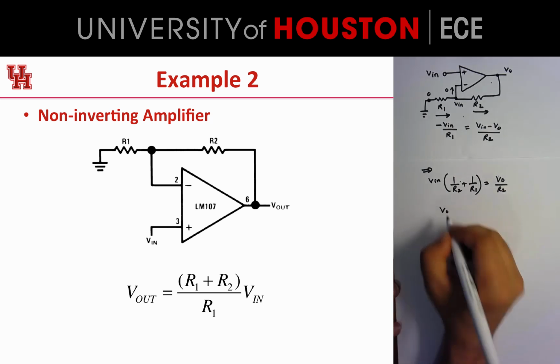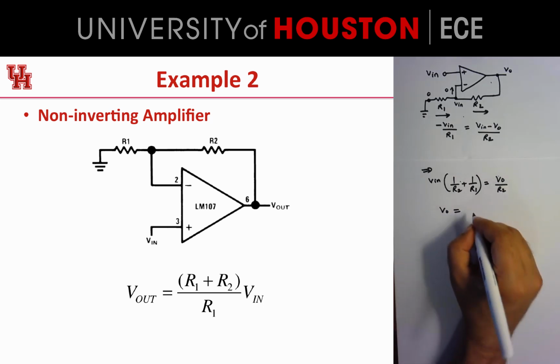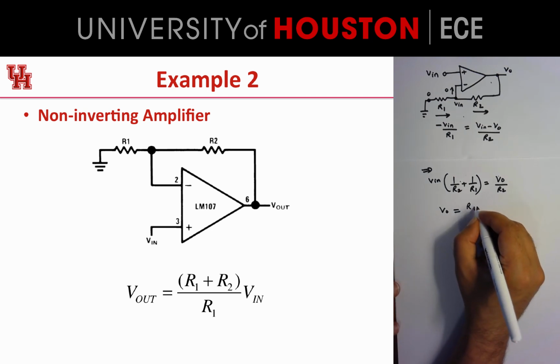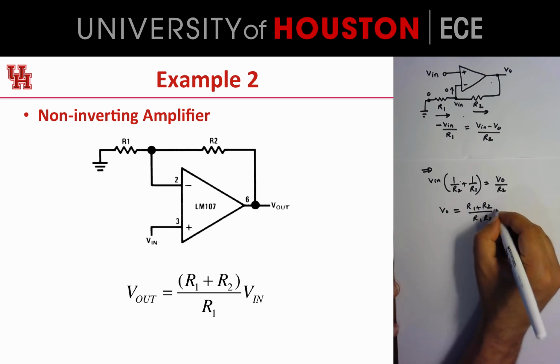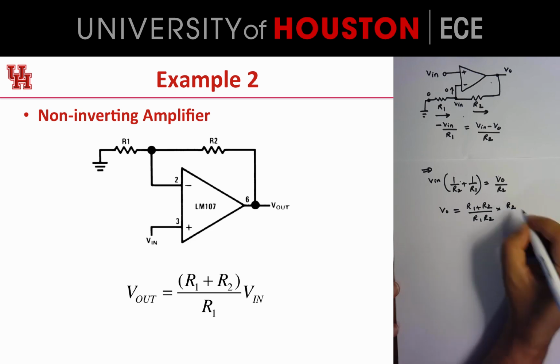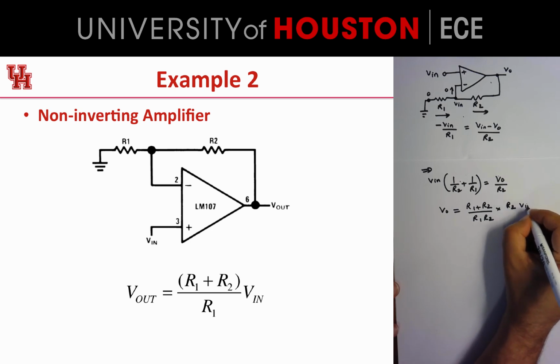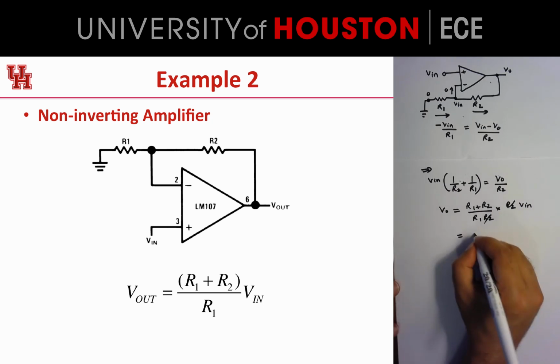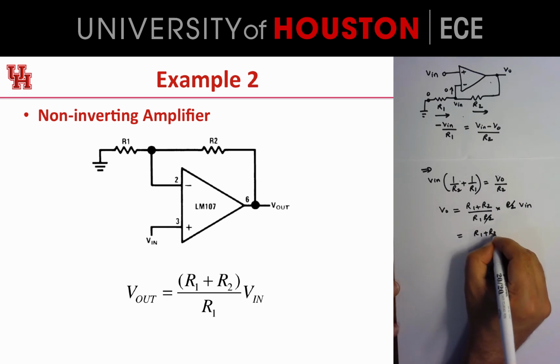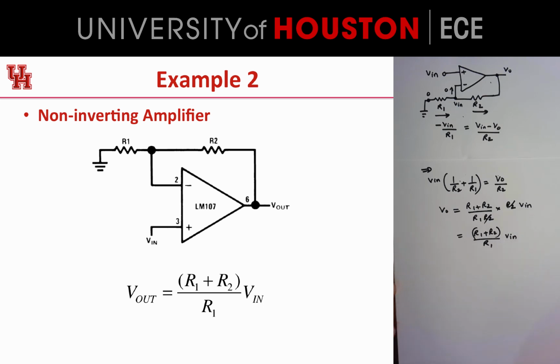So V output is R1 plus R2 divided by R1, R2 times R2, V in. And this R2 cancels out, so we get R1 plus R2 divided by R1 times V in.